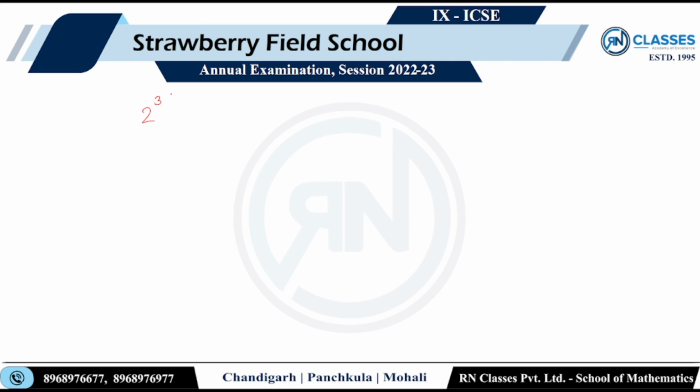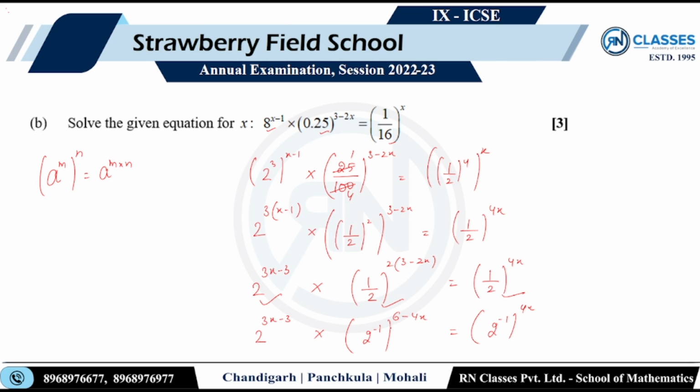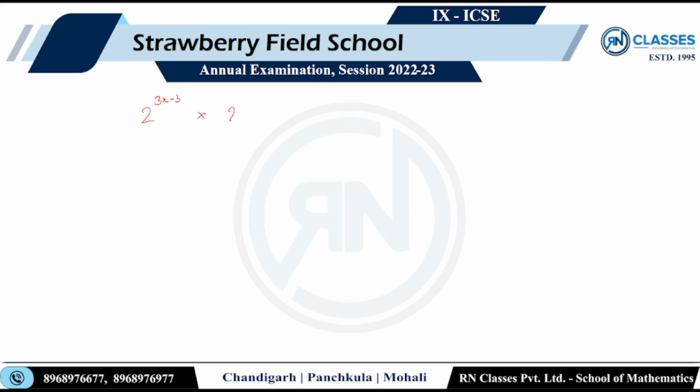So let's go ahead. 2 to the power 3x minus 3 into, and here it will become 2 to the power 4x minus 6, is equal to 2 to the power minus 4x. Right. Now what am I using? The multiplication rule: a raised to the power m into a raised to the power n will be equal to a raised to the power m plus n. So 2 to the power 3x minus 3 plus 4x minus 6, which is equal to 2 to the power minus 4x.